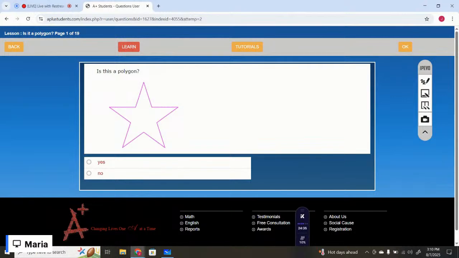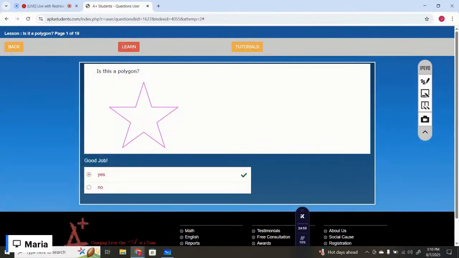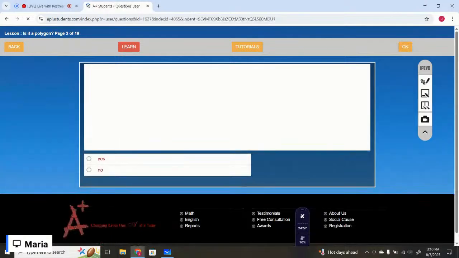Is this a polygon? Yes, it is a polygon. Option number 1 is the correct option. Is this a polygon?